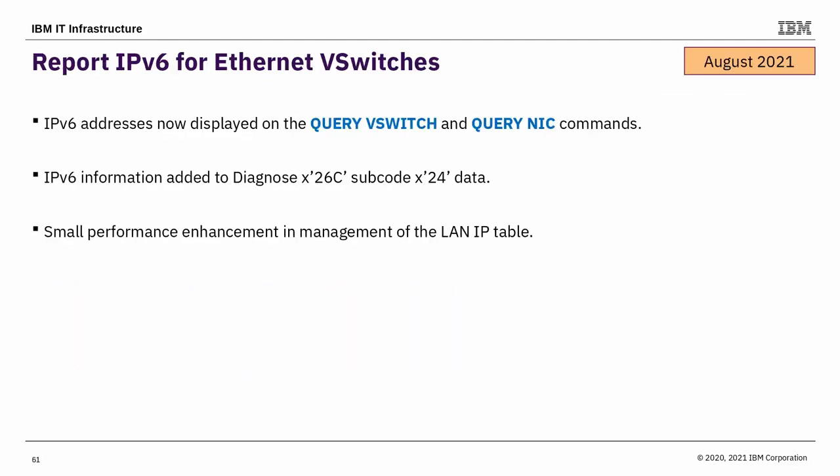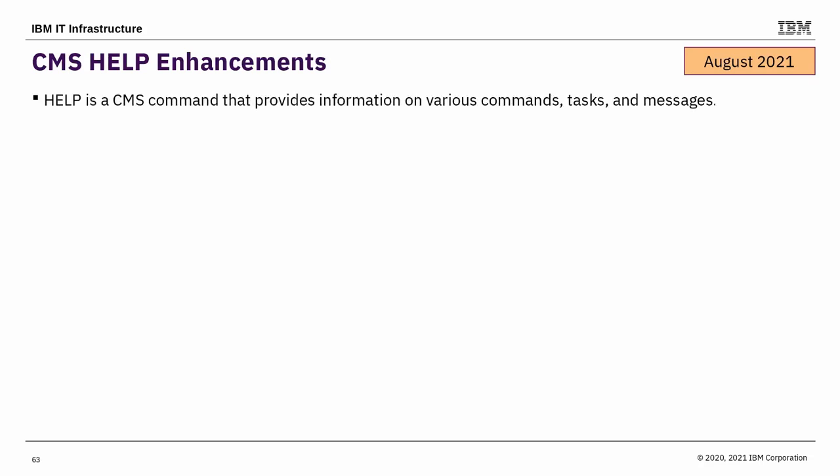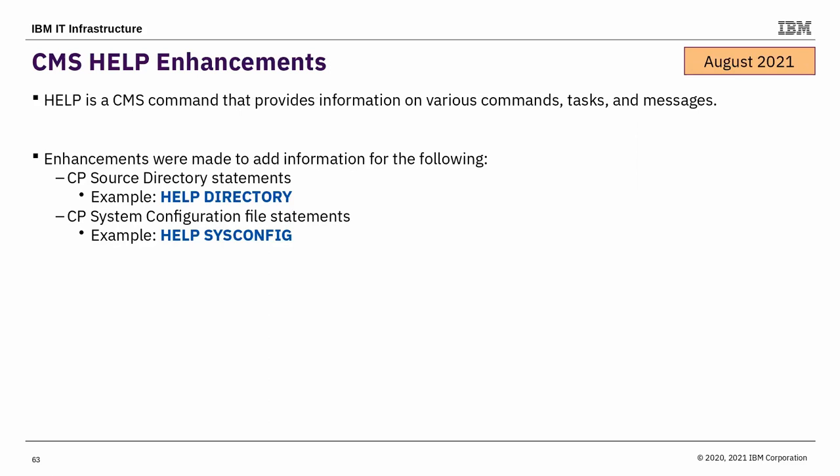If anybody is doing IPv6 or Ethernet vSwitches, now you can query the information on them. Help now has some extra subsections. So there's always been subsections for things like CP query. So instead of having to go help query or help CP query and then choosing, you can go help CP query whatever something.